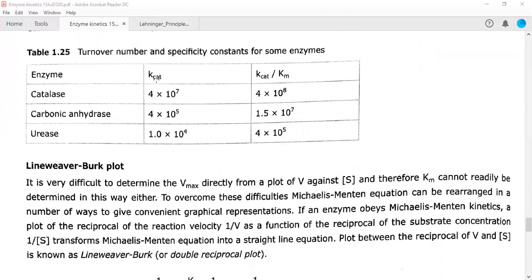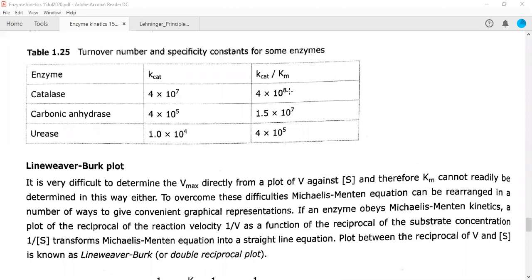So first of all, we have discussed this based upon the turnover number or catalytic constant. Catalase has 4 into 10 to the power 7. Whereas if you calculate the catalytic efficiency or the specificity constant, you need to divide this value by the Km value, and you will get 4 into 10 to the power 8.